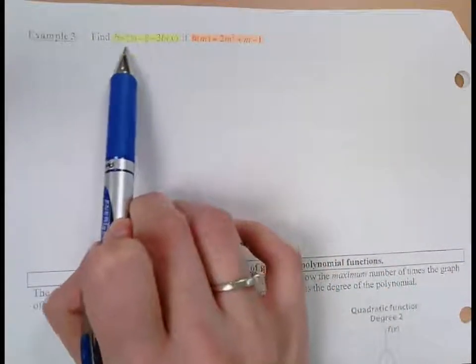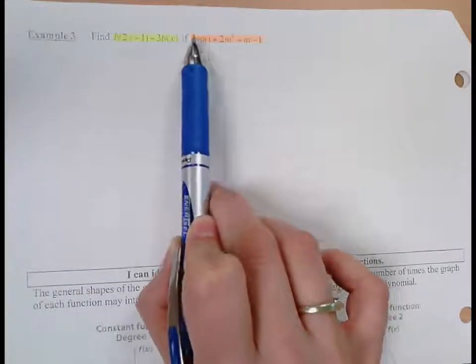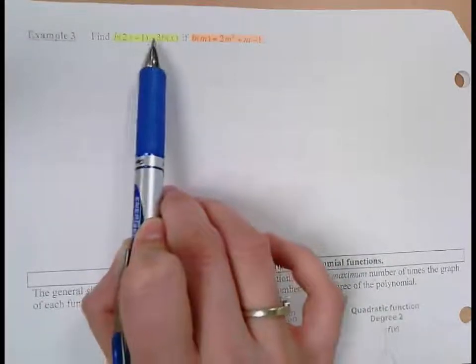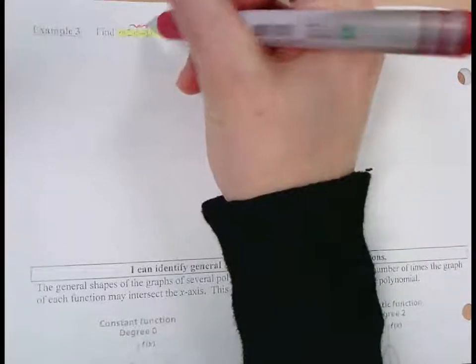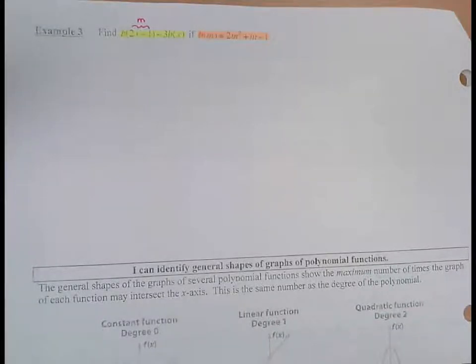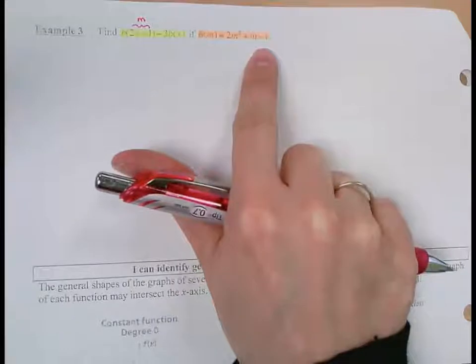How I know that's not what this is, it's giving me a function b of m. This is not b times m. So this is a clue to me that this 2x minus 1 is going to be substituted into my function where the m's are. So the 2x minus 1 is going in place of the m into the function.